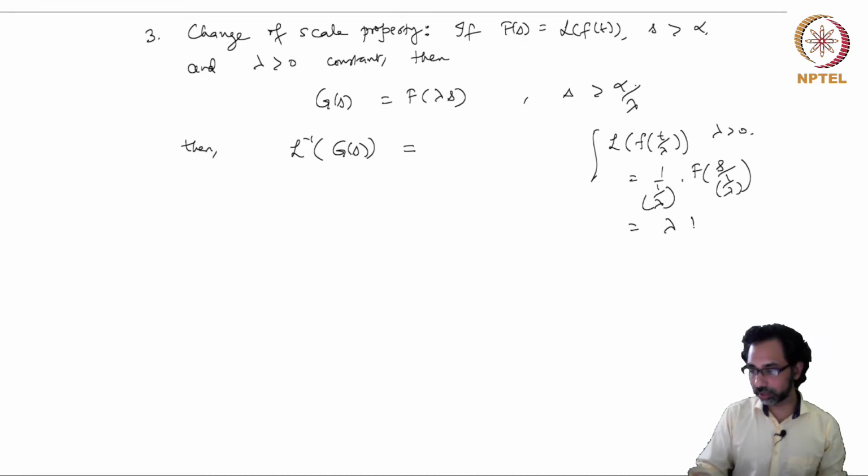So this is lambda times F(lambda s), and this is defined, if F(s) is defined for s greater than alpha, then this is defined for s greater than alpha by lambda.